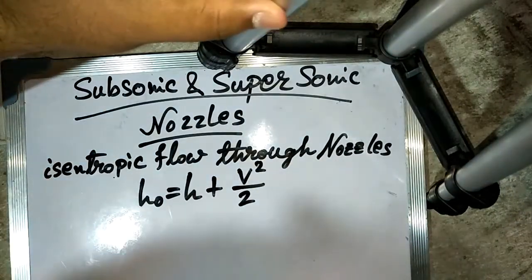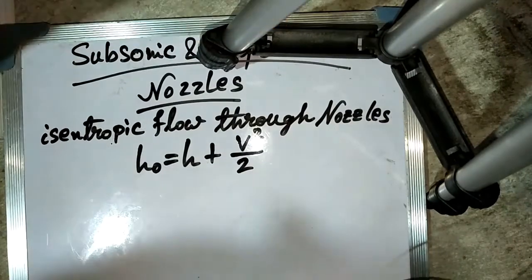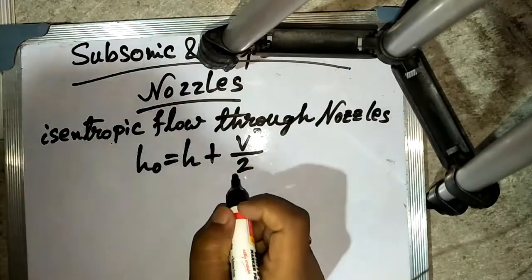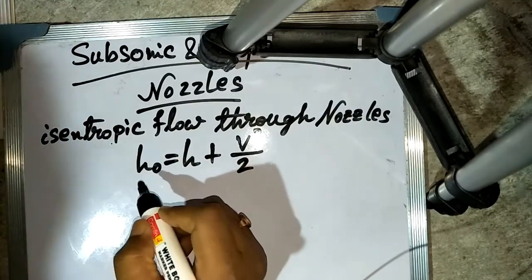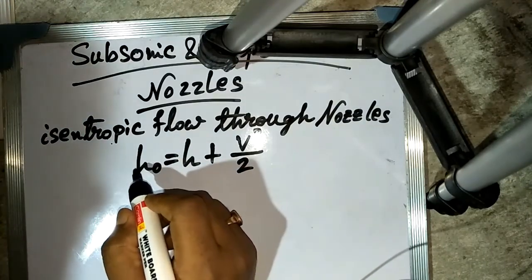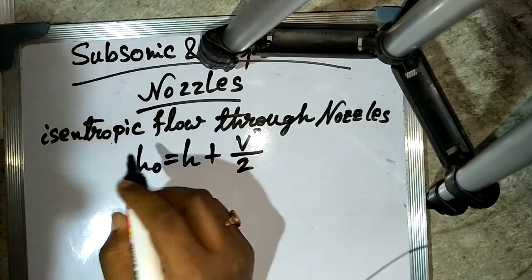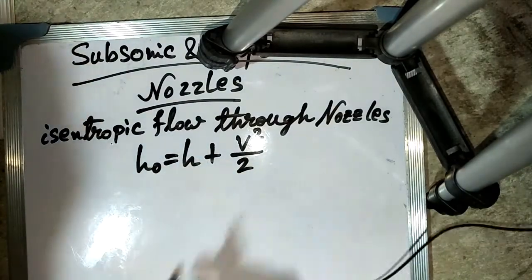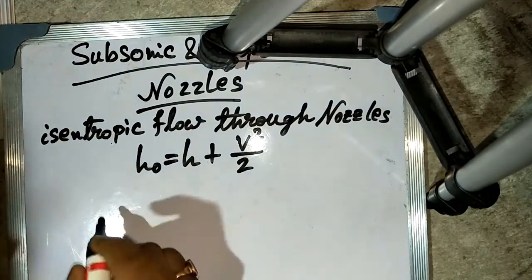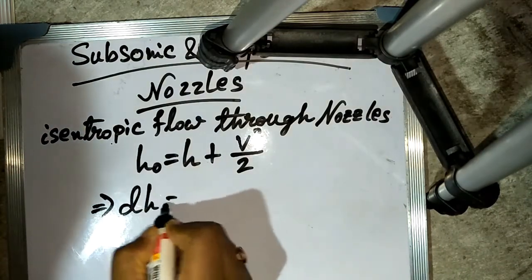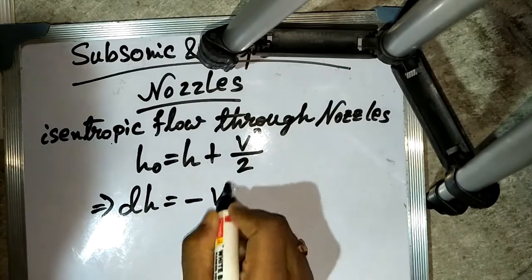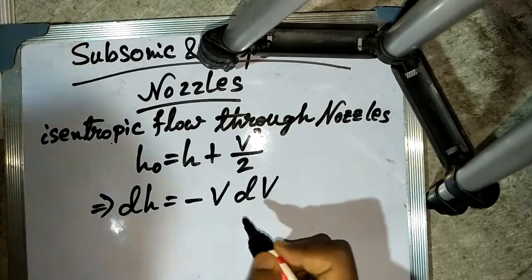Okay, we have already seen this equation. Since H0 is the stagnation enthalpy and it does not change, by differentiating both sides, we get dH equals to minus V dV.